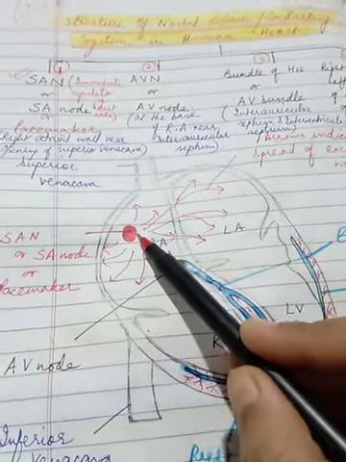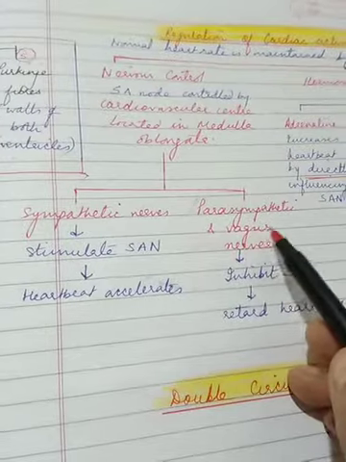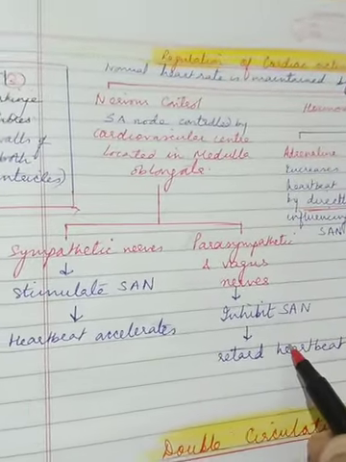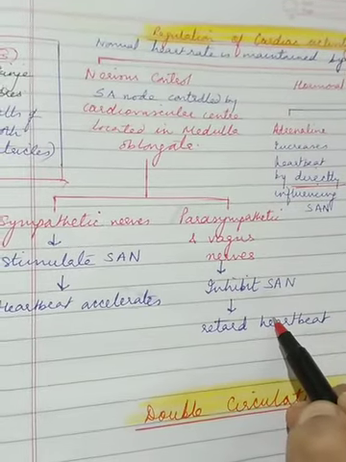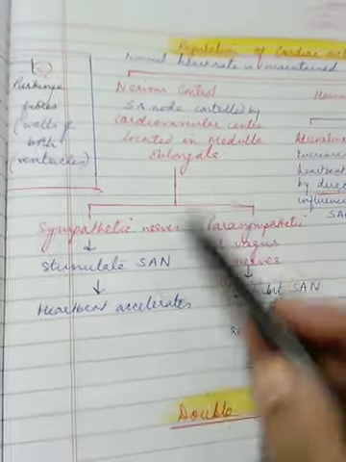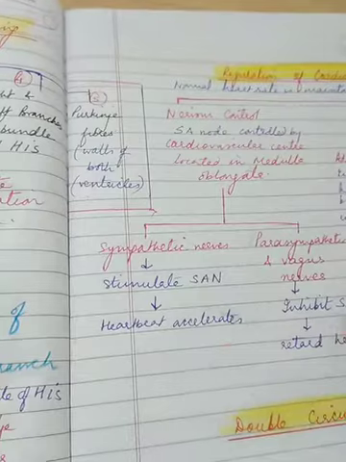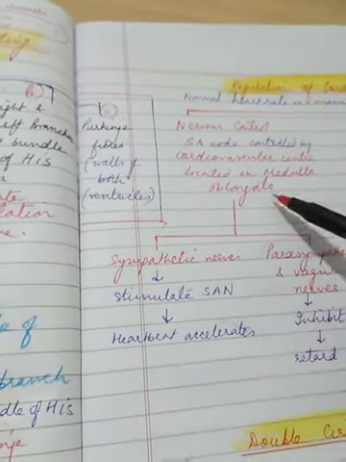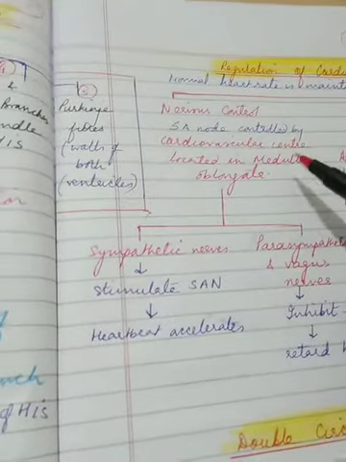And heartbeat increases. The other set of nerves we call the parasympathetic and vagus nerves. They will inhibit the SAN and the heartbeat will retard or decrease. All right, so I hope you've understood, children. That is the integrated activity of the effects of this center of the medulla oblongata controlling the heart rate. This is what we mean to say.